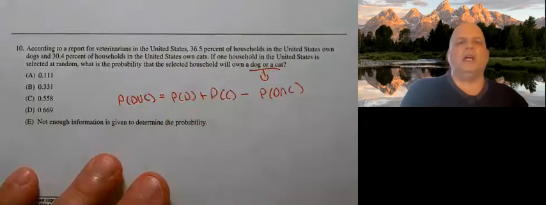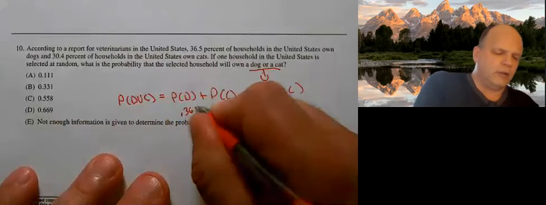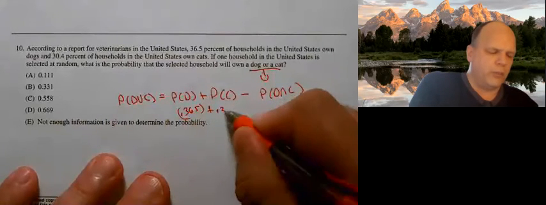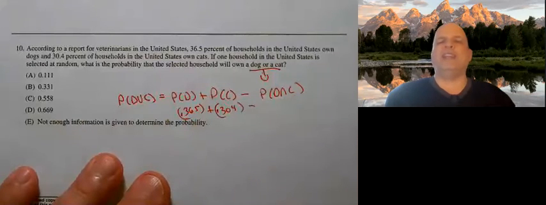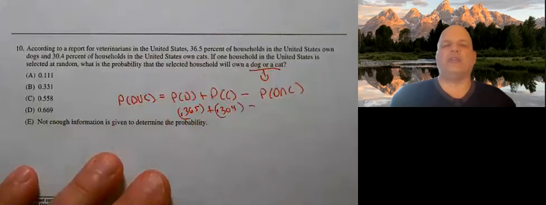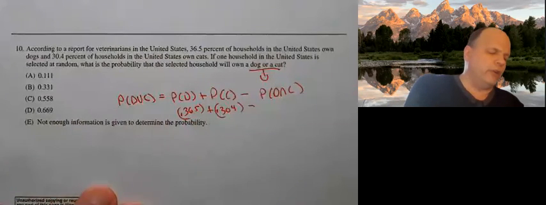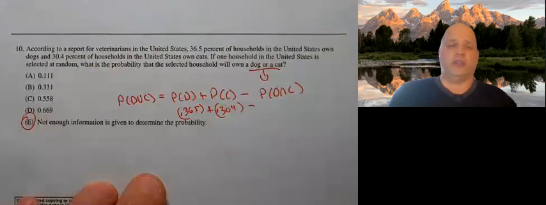Well, I start plugging in and I go, okay, this is 0.365 plus 0.304 minus the intersection. Only they did not give us the intersection, nor did they give us any information on how to figure it out. So for 10, as much as we don't like it, there's not enough information. Not enough information is given to determine the probability. All right, and this will conclude this problem.